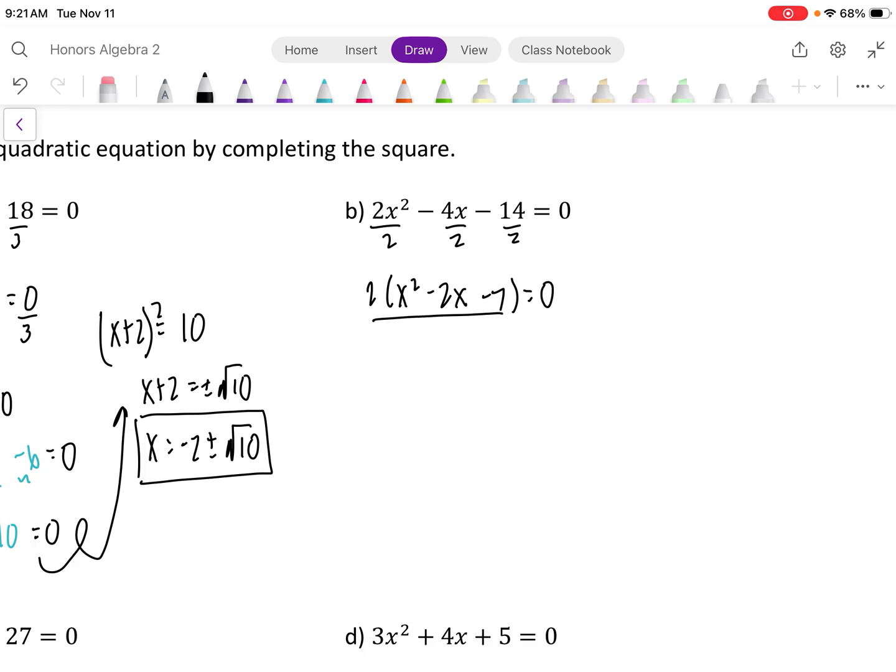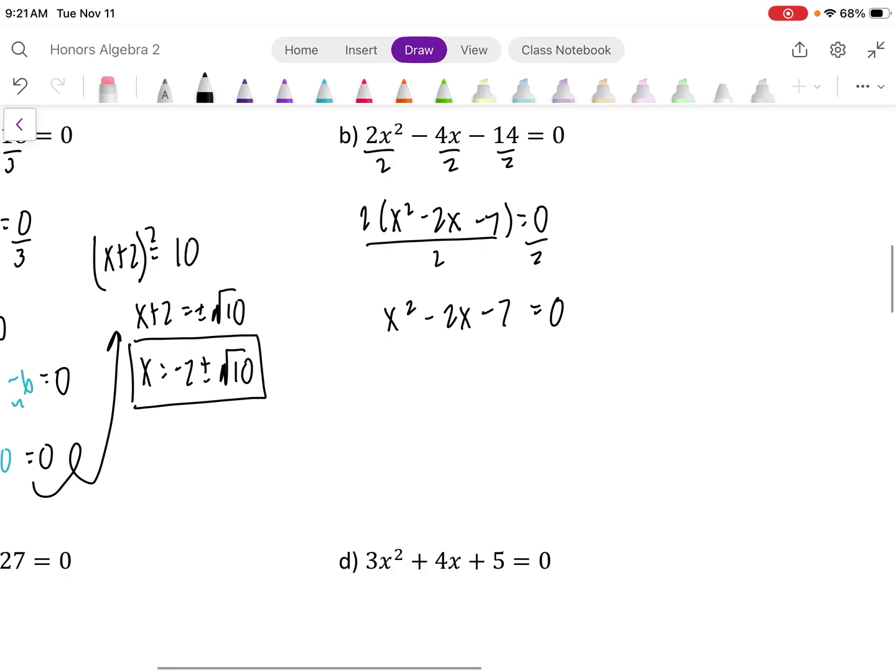Divide everything by 2. We have x squared minus 2x minus 7 equals 0. Half of b, so negative 2 divided by 2 squared is just 1.